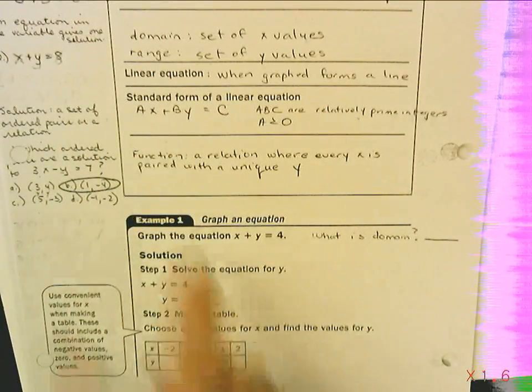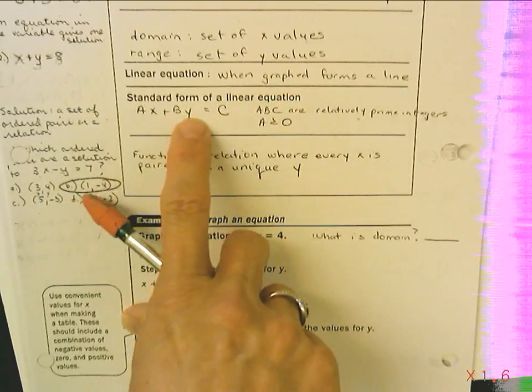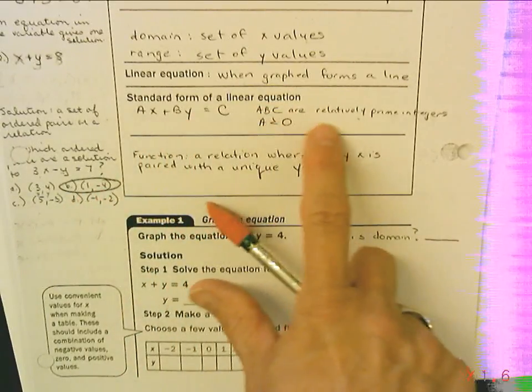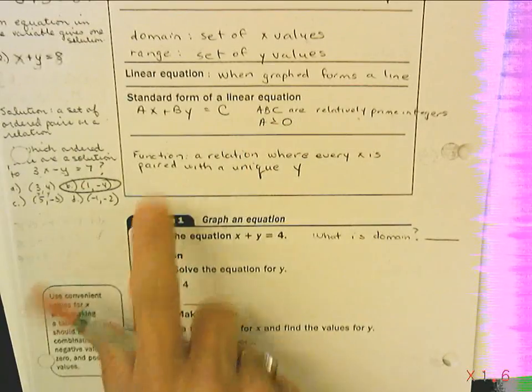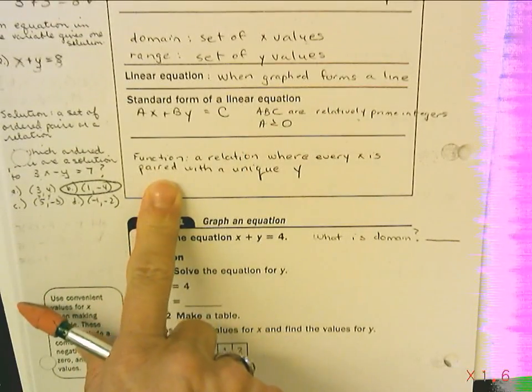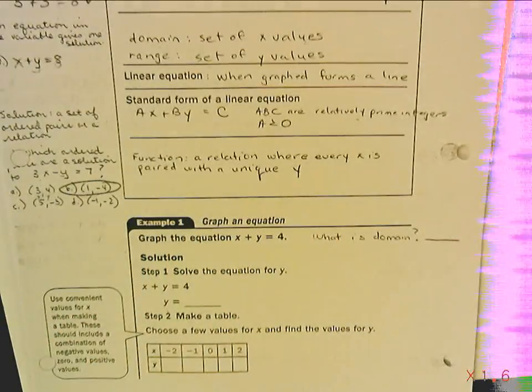Again, this is all vocabulary you need to know. We know the standard form of a linear equation. It's ax plus by equals c, where a, b, and c are relatively prime integers, and a is greater than or equal to 0. And we also know that a function is a relation where every x is paired with a unique y. Okay, so this is just a review of some of the vocabulary you need to know.